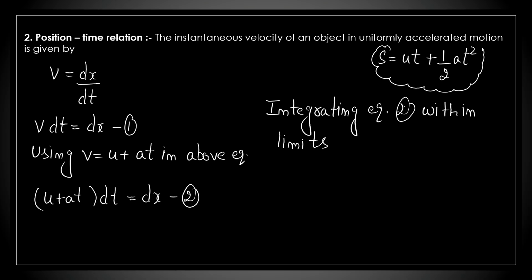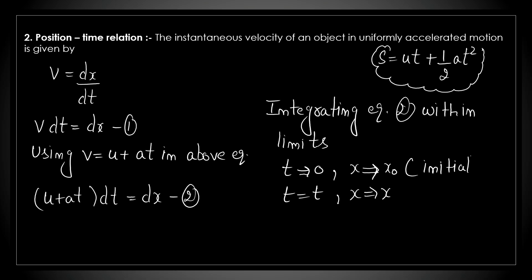That is, when time is 0, position is x equal to x naught, which is the initial position. When t equal to t, position is x, which is the final position. It is the initial position when the object is at rest, and this is the final position when the object is at time t.